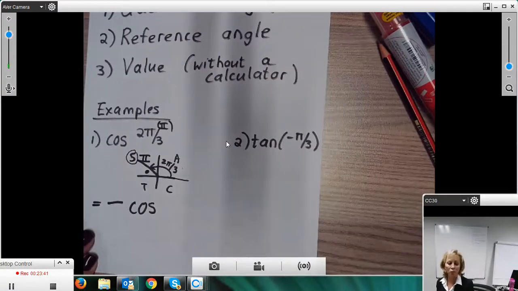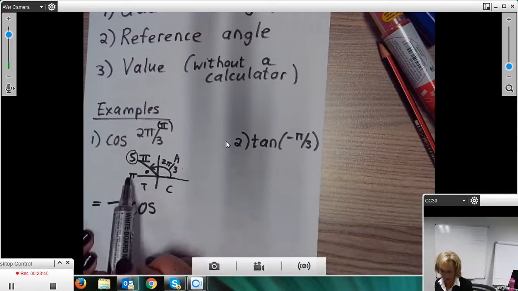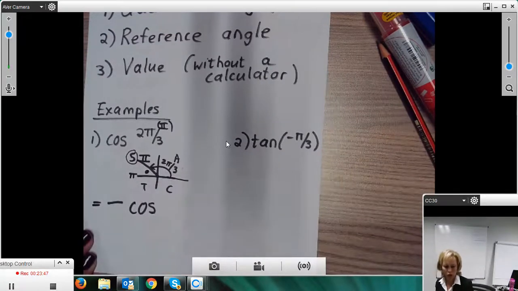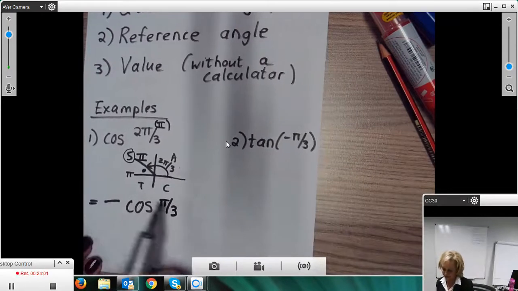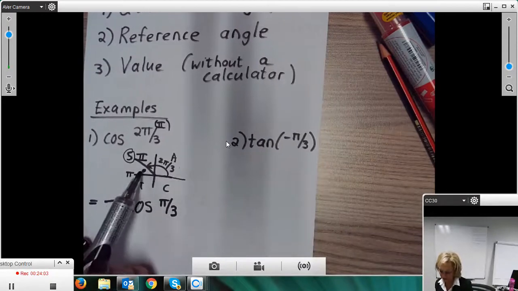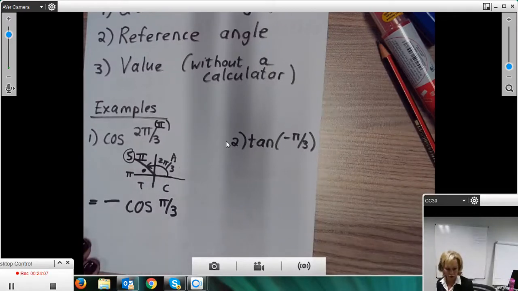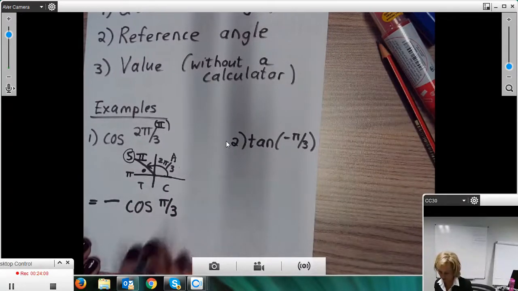So in other words, if you're working to the nearest x-axis, you're going to go pi minus 2 pi by 3. That is where you use your reduction formula to reduce it. The cos of pi minus 2 pi by 3. So in other words, the reference angle is pi by 3. To the nearest x-axis, what do I need? I need another pi by 3 to get to pi. So that's my reduction formula.